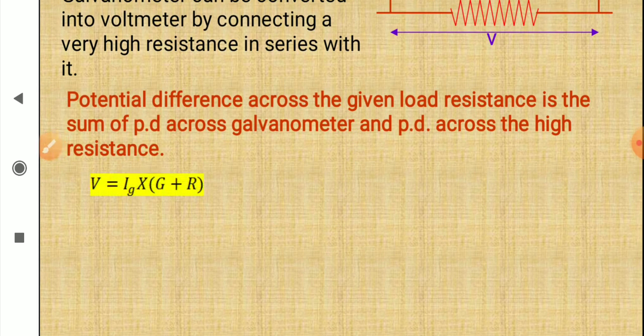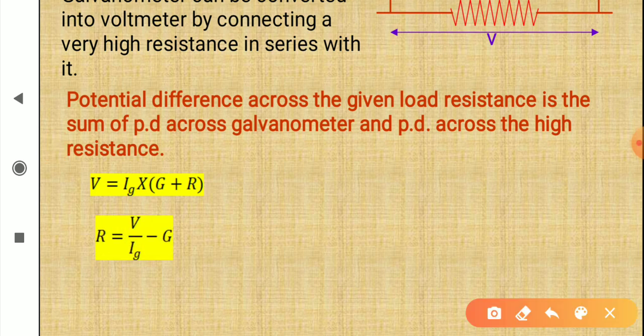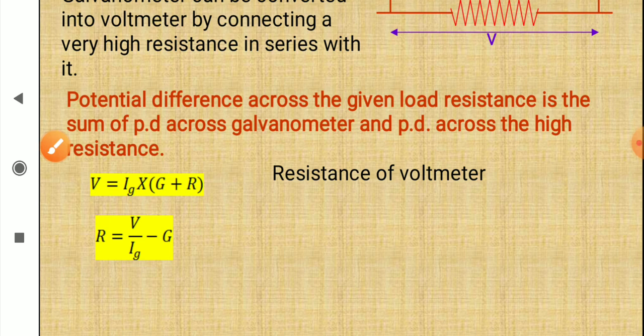So the total potential difference is IG into G plus R, और मुझे तो इस सीरीज रेसिस्टेंस की वैल्यू निकालनी है. So just change the side. ये IG ने यहाँ आके डिवाइड कर दिया, V upon IG minus G. Okay. And resistance of the voltmeter, सीरीज में है, G plus R.